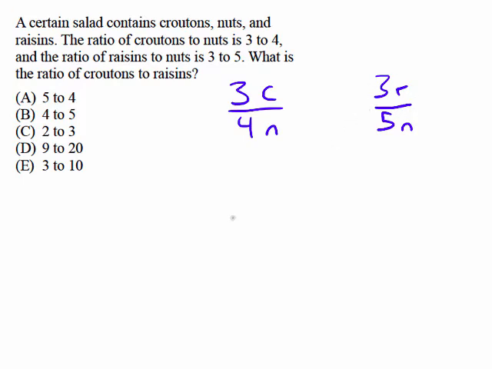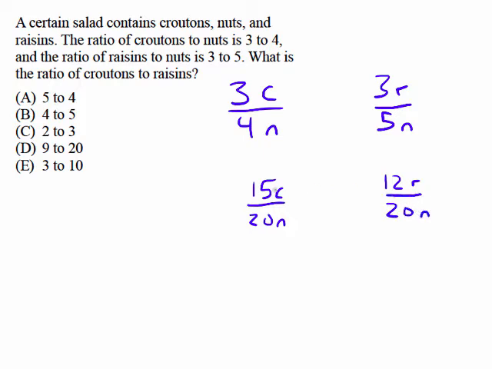So we say, well, 4 and 5, the lowest common multiple is 20. So we're going to multiply this by 5 on both top and bottom. So this is going to be 15 croutons to 20 nuts. And we'll multiply top and bottom over here by 4. So this will be 12 raisins to 20 nuts.